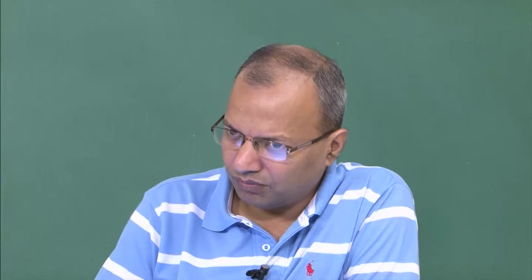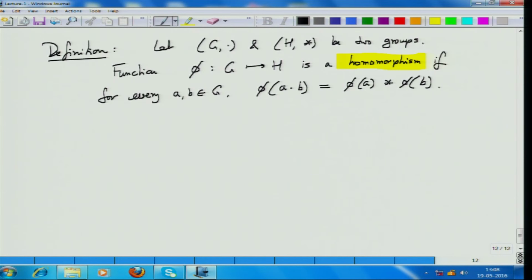We say that given two groups G and H under their own group operations, a mapping phi taking elements of G to elements of H is a homomorphism if the following property holds, and the property simply says that the mapping phi respects the group operations.